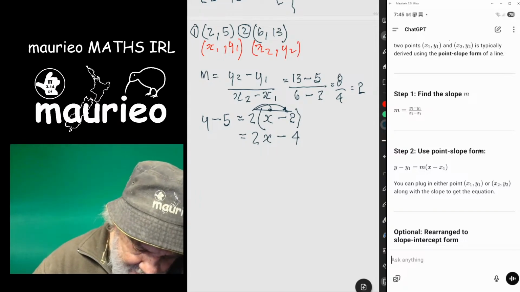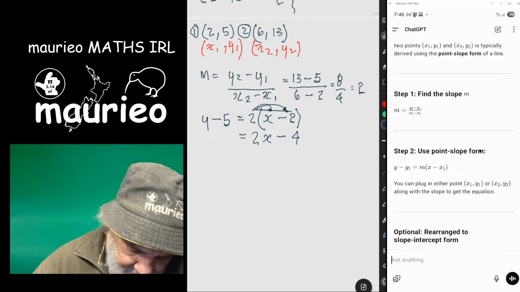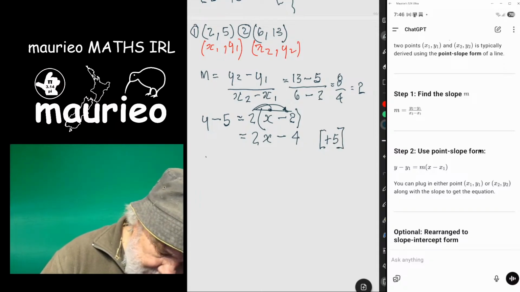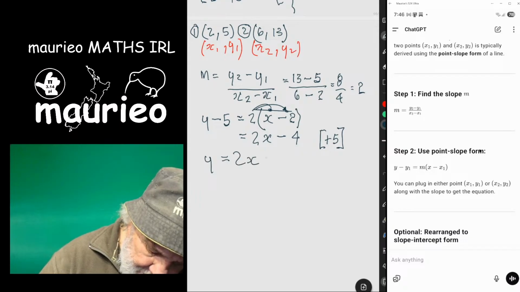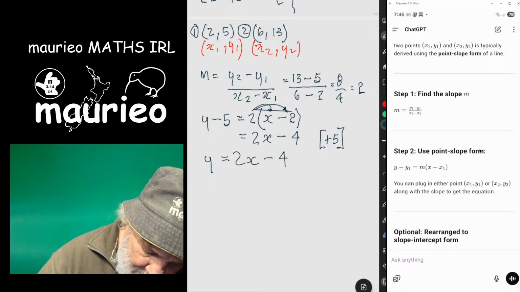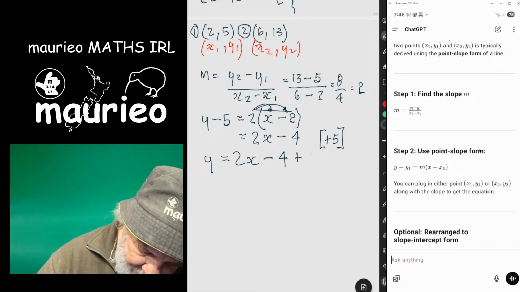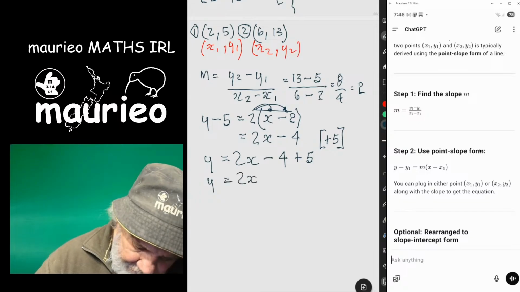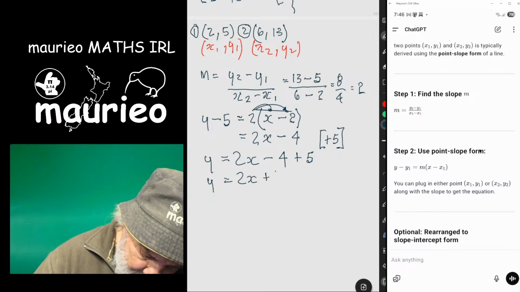Okay, so now let's add 5 to both sides. So we get y equals 2x minus 4 plus 5. y equals 2x plus 1.